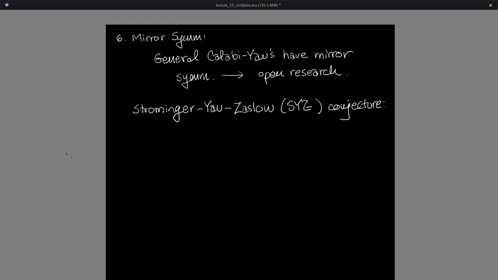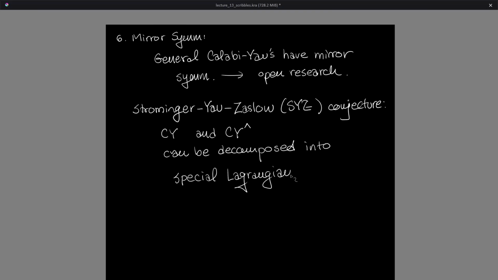And it proposes that there's a geometrical mechanism behind mirror symmetry, and it says that the Calabi-Yau and its mirror can be decomposed into these things called special Lagrangian tori, and the mirror is formed by dualizing these tori. But again, this is still open research.